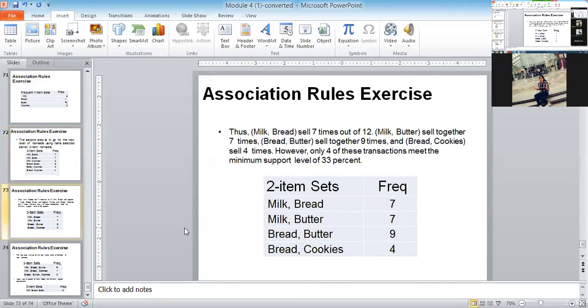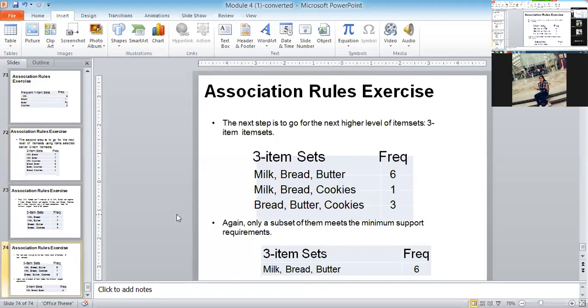Then the third thing we are going to do is the three item set. Then we find out which is the frequently appearing one, and at last we are going to decide the confidence and the support. This is how the things work in case of association rule. Keep it in your mind. If they have given the confidence and support, you need to consider the same.